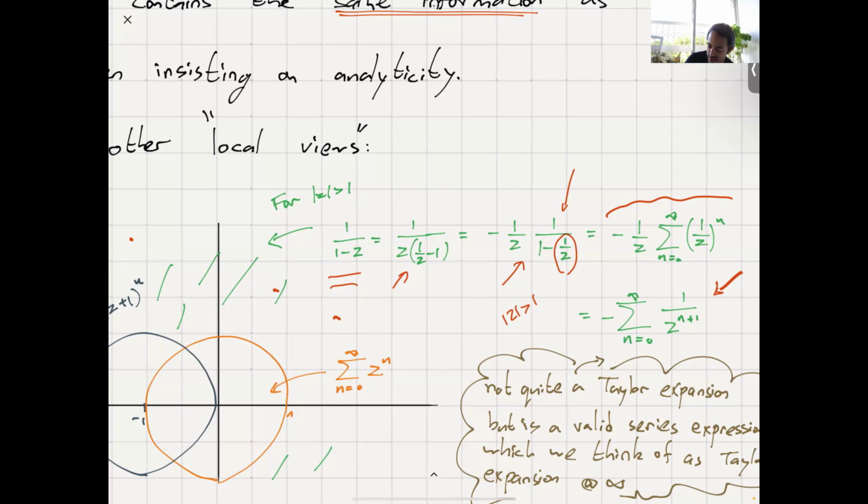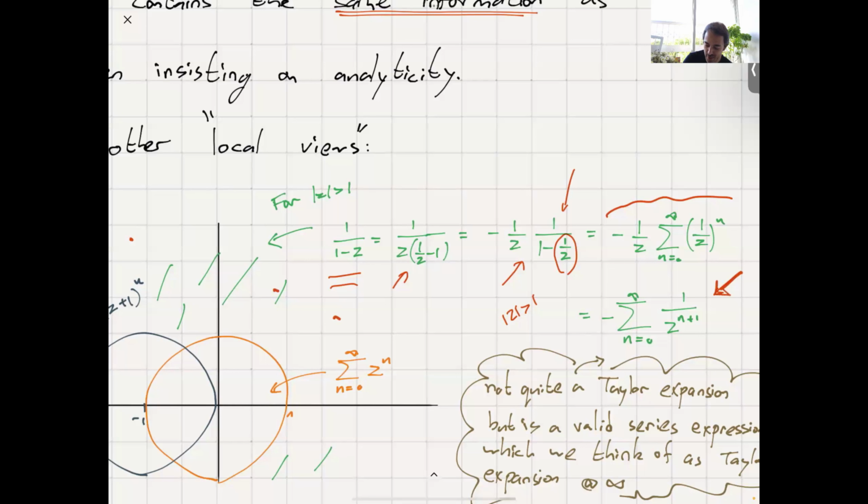And this, strictly speaking, is not a Taylor expansion, because strictly speaking, infinity is not a point in the complex plane. But other than that technical point, this is a Taylor expansion, or that's the name we are giving it, at infinity. There is a formal way of treating this, but for us, when I say a Taylor expansion around infinity, I mean just a series in terms of 1 over z.